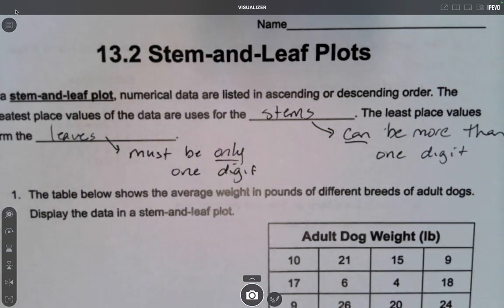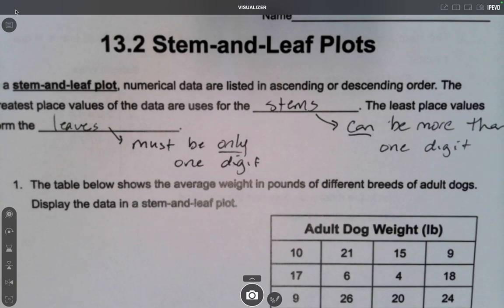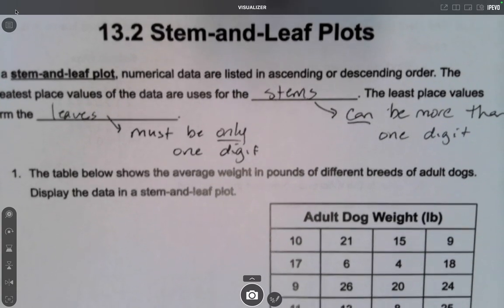So the stem is allowed to have more than one digit, but the leaves cannot. That'll make more sense once we do some examples down below.